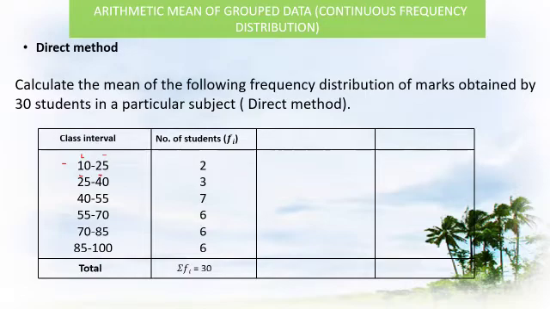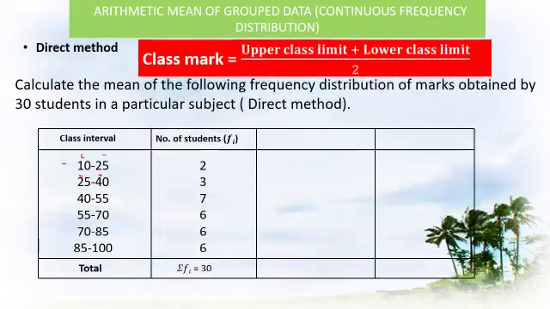Now we find a number which is a representative of the whole class. It is known as the midpoint or class mark. Class mark is the average of its upper limit and lower limit, or class mark is equal to upper limit plus lower limit divided by 2.